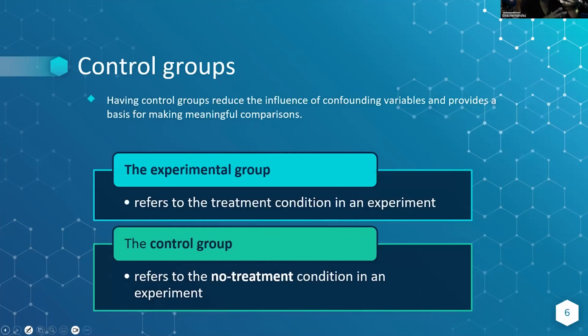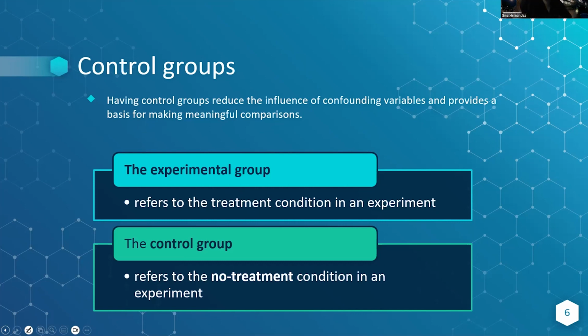Another really important aspect is having control groups. Having a control group helps you reduce the influence of confounding variables and provides a basis for making meaningful comparisons, because now you can compare whether this group of participants is giving you these results because of the variable you were manipulating, or because of another variable you didn't account for.